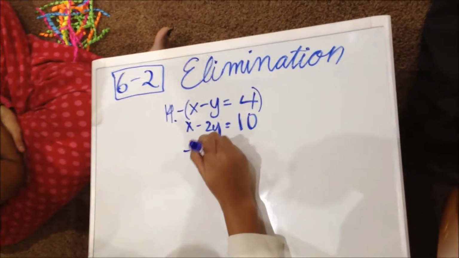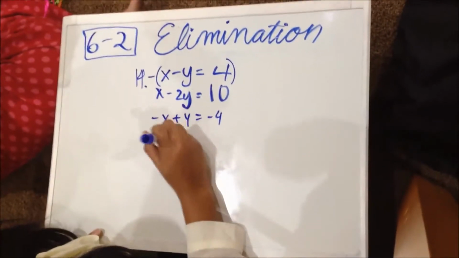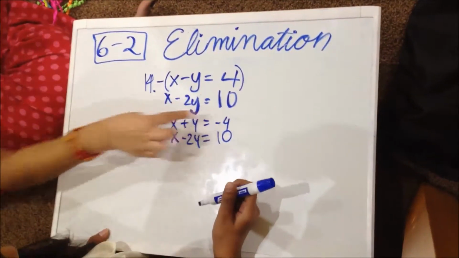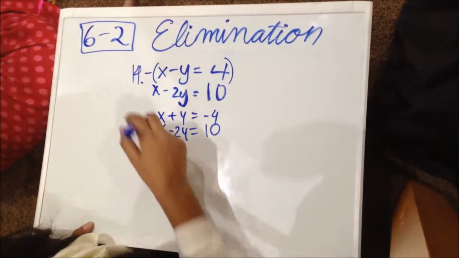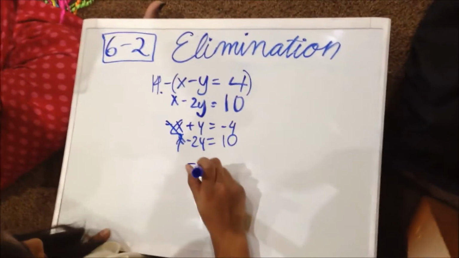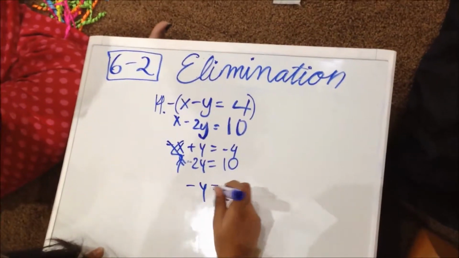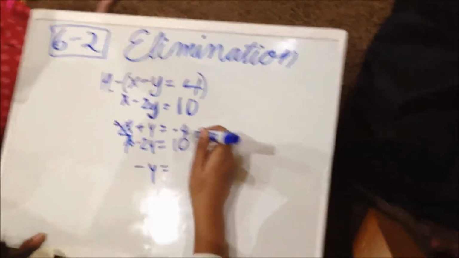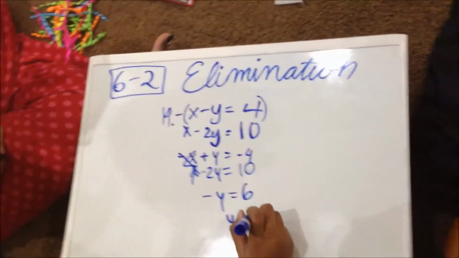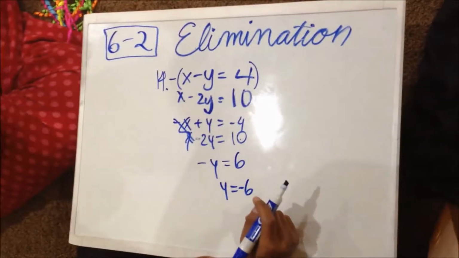So negative x plus y equals negative 4, and x minus 2y equals 10. You get it? Yeah, so you just turn the first one to the opposite. Now I would be able to cancel this out, so this is not even there anymore. It would be negative y. And then 10 plus negative 4 is 6, and y equals negative 6 because you would just bring this over. Okay, so that was our number 14.